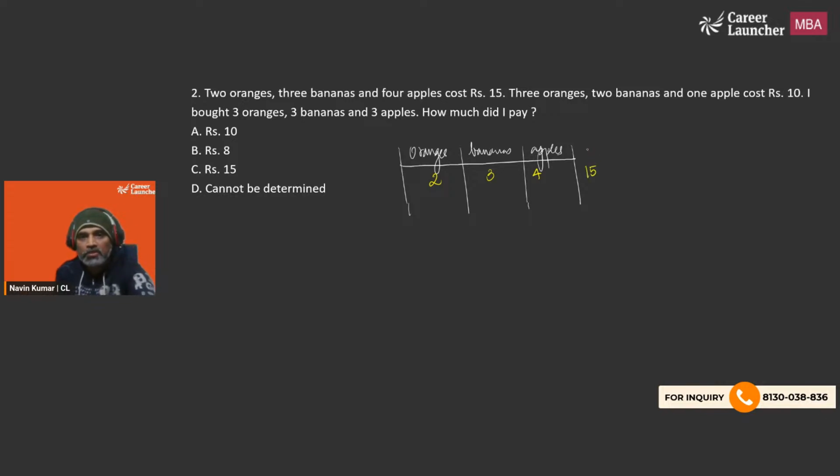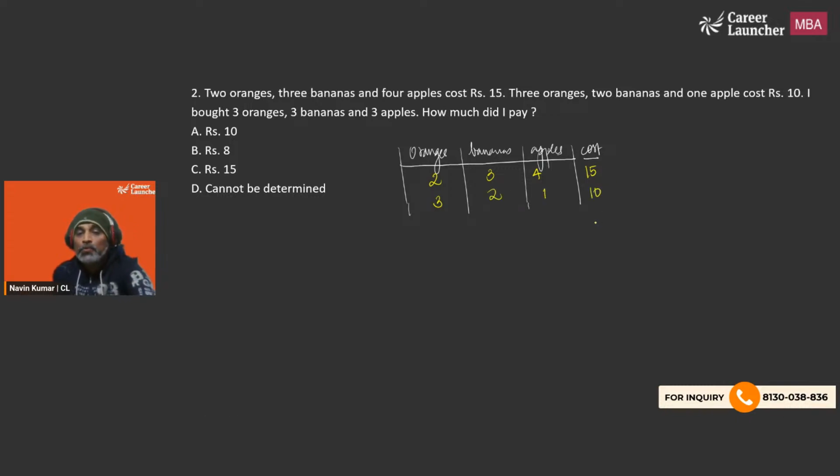So this is the cost, right? And then it says we have got 3 oranges, 2 bananas, and an apple, and it costs us 10 rupees.